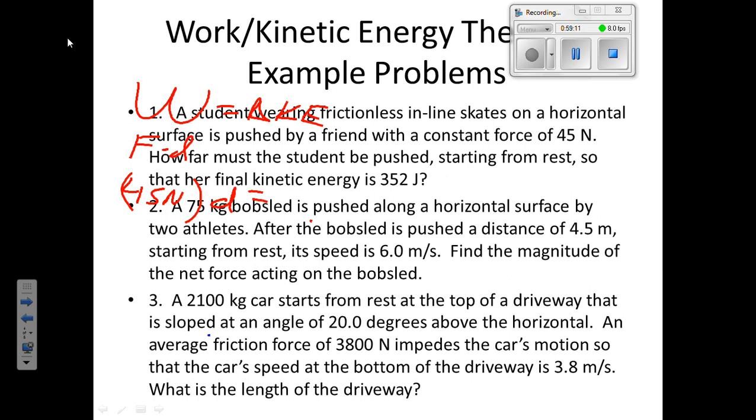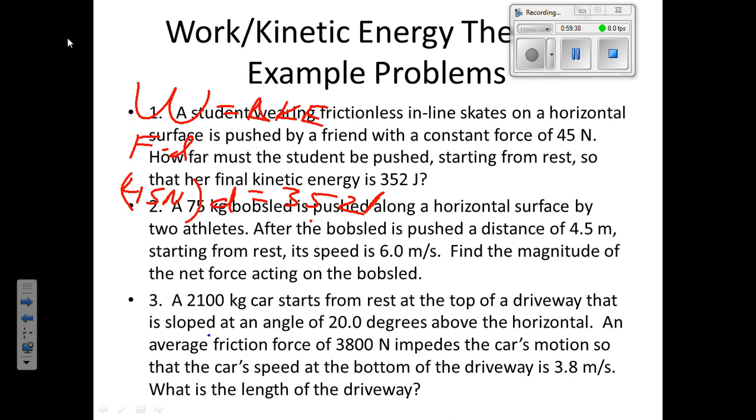But we know that this girl wasn't moving at first, right? So how much kinetic energy did she have to begin with? 0. But at the end, she has 352 joules, which means her change in kinetic energy was 352 joules. And just so we get our units right, what's a joule equal to? A joule is the same thing as a newton times a meter.